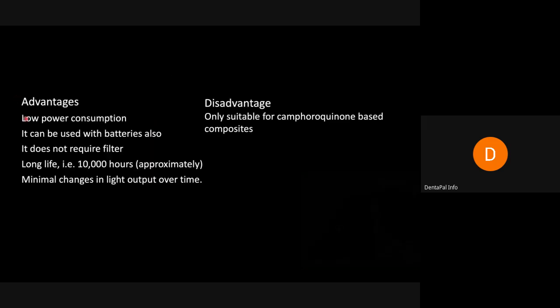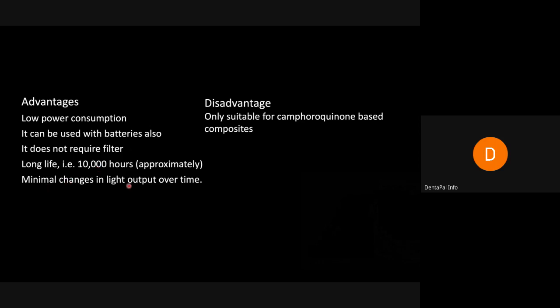So what are the advantages of LED? It has low power consumption. It can be used with batteries also. It does not require a filter as the halogen does. Long lifetime, which is about 10,000 hours. Halogen was just 100 hours. So there's a big difference between them.